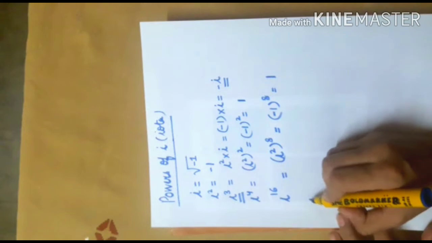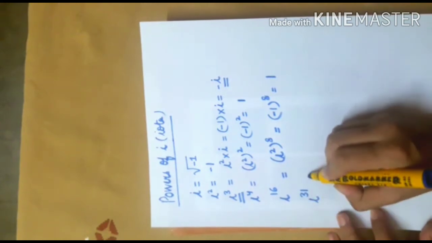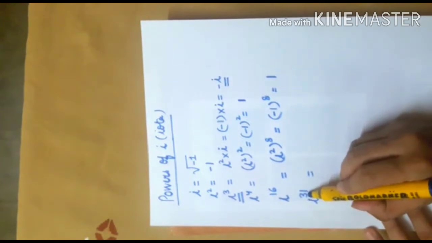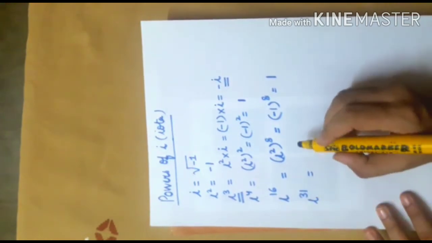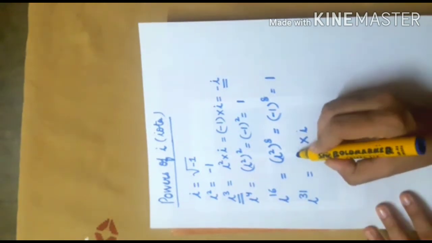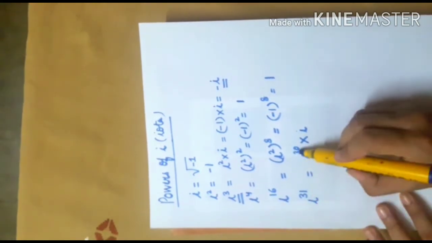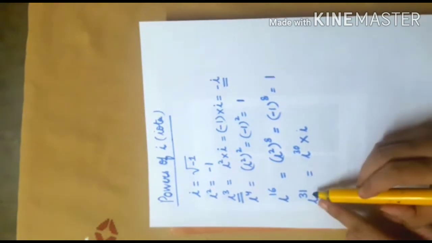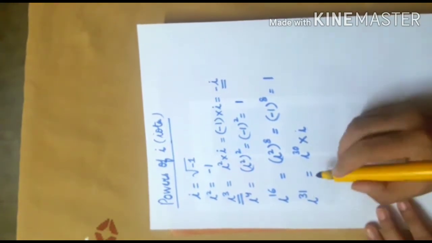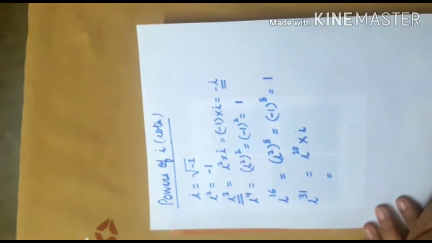If I have to compute iota raised to the power 31. Now 31 is odd, so what we do is detach one iota to make this exponent even. From this I have detached one iota, right? Now 30 is even, so it will be divisible by 2.